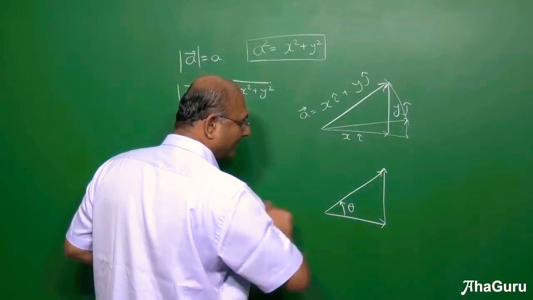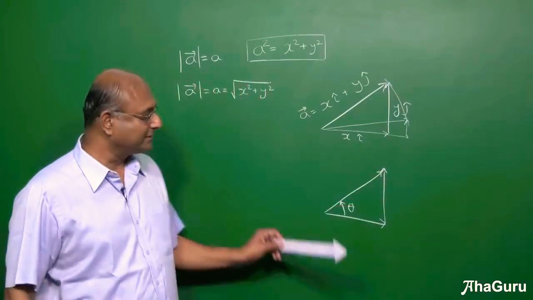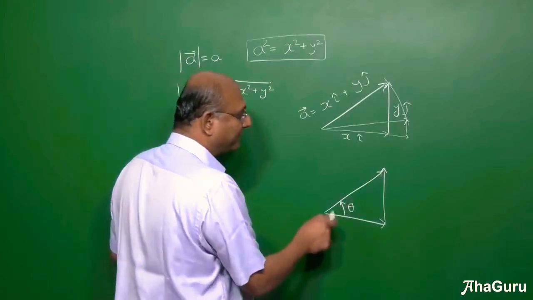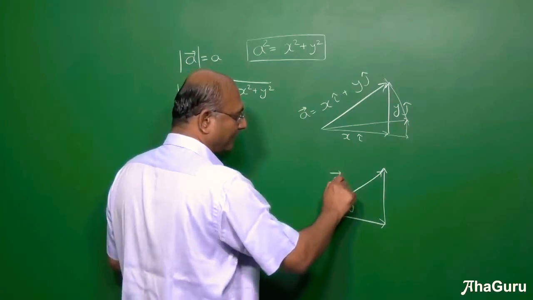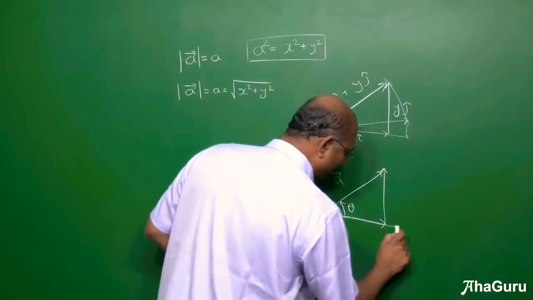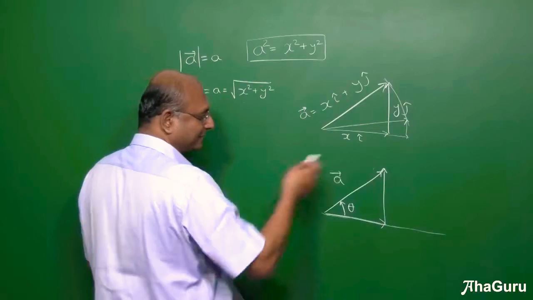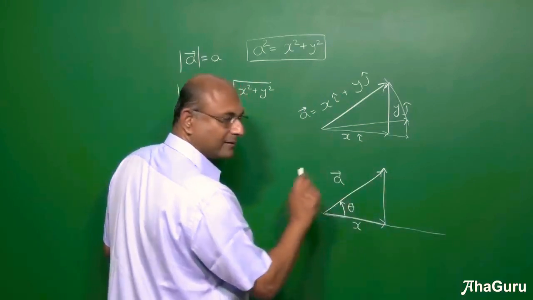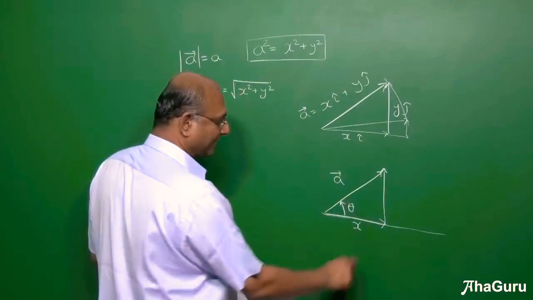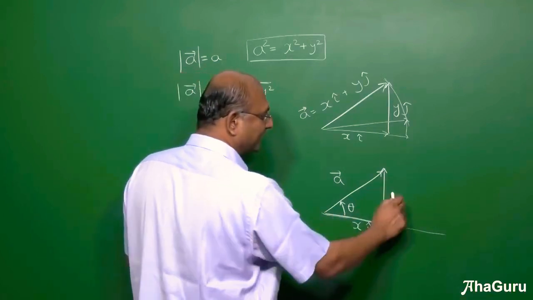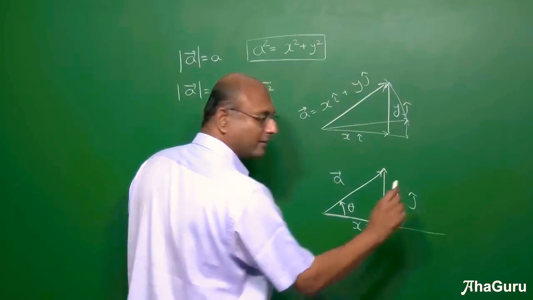The second important thing is for us to be able to find out the angle made by the vector with the i direction, or we say the horizontal direction, the x-axis. What is the angle made by this vector A with respect to the positive x-axis? That is the i direction, right? Now what is this? x i cap. But what is the length? x. What is this length? y.